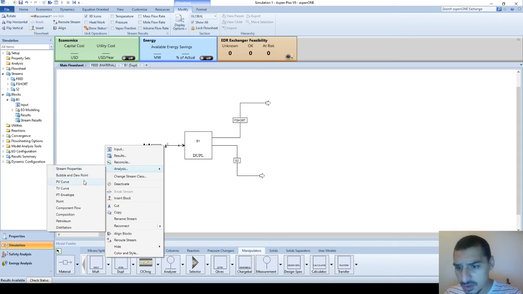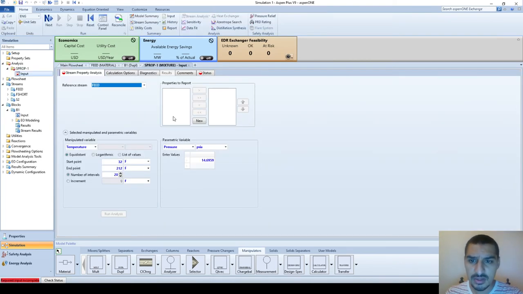No, I'm sorry, you can go for the bubble point and dew point, but I'm interested in the stream properties, because there is one other parameter that is very indicative about the difference in the boiling points or the volatility of the components, which is the K values.